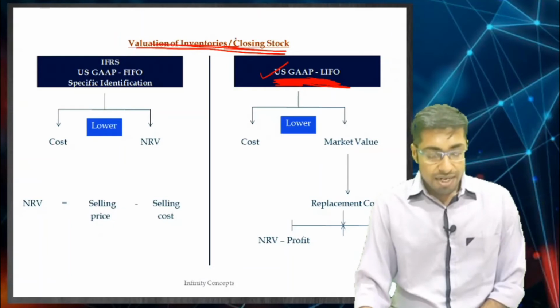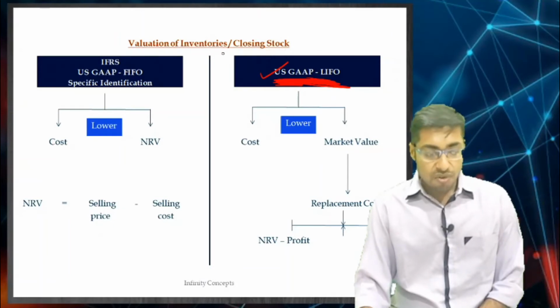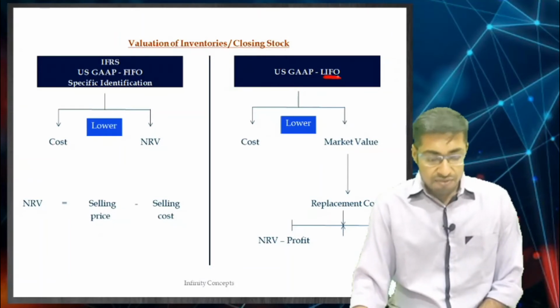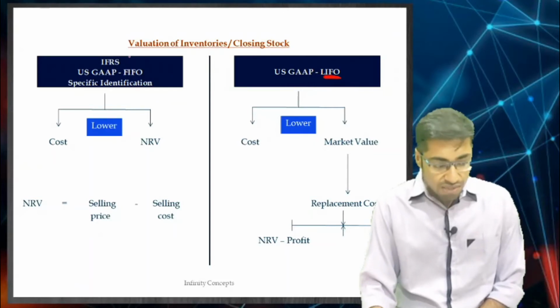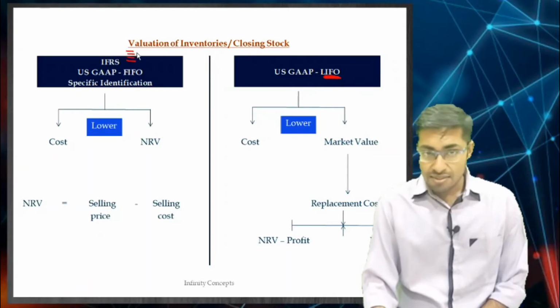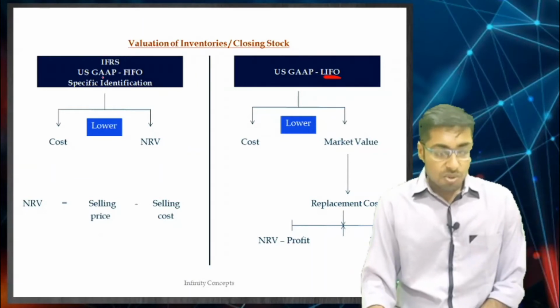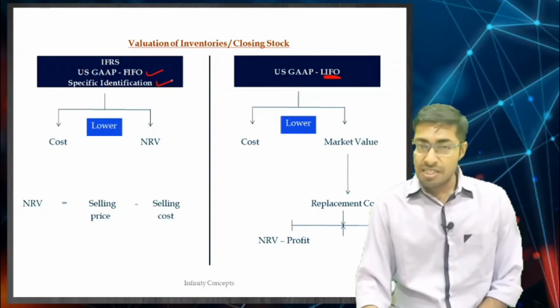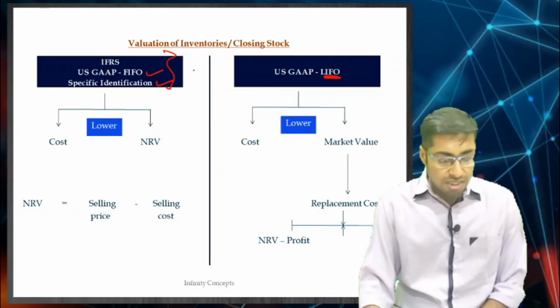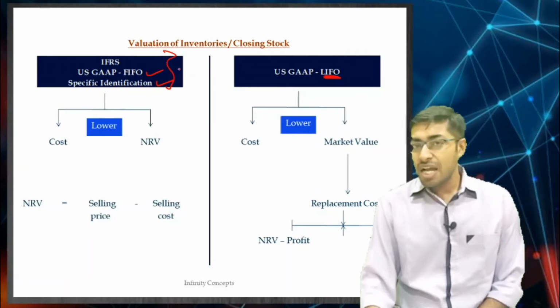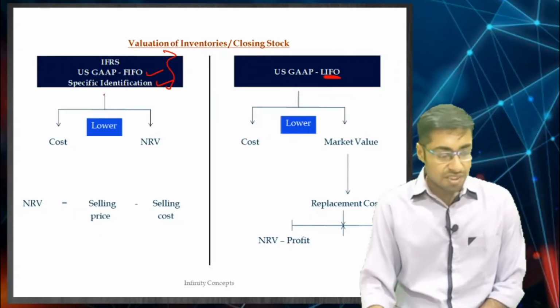But for all the other methods apart from LIFO, that is specific identification, weighted average and FIFO under IFRS, and FIFO and specific identification under US GAAP, we are going to use this particular method only.